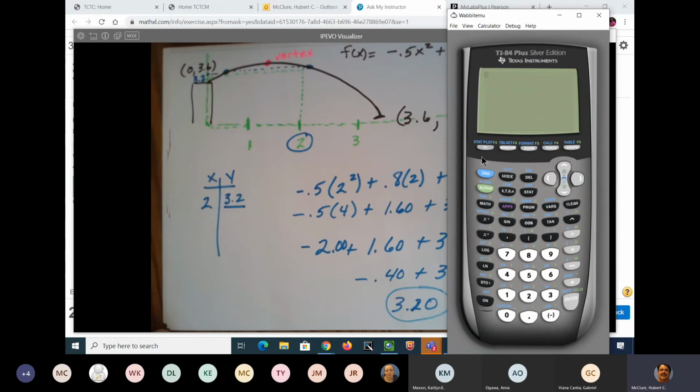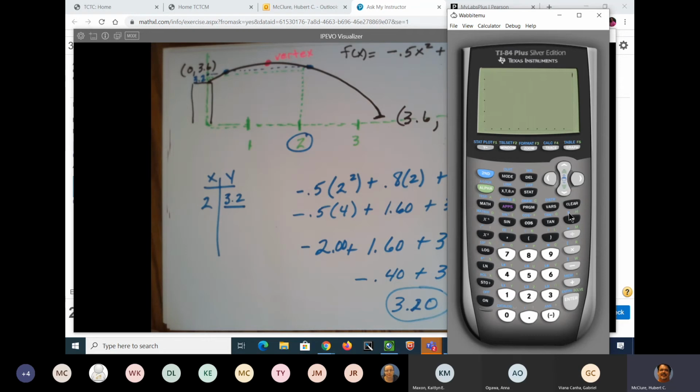Now Y equals: negative 0.5 x squared plus 0.8x plus 3.6. And then I'm going to type in 3.7 and graph.